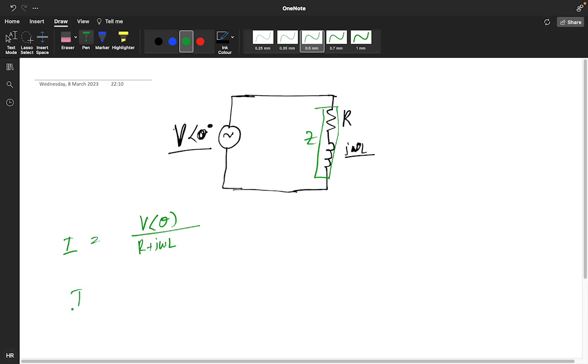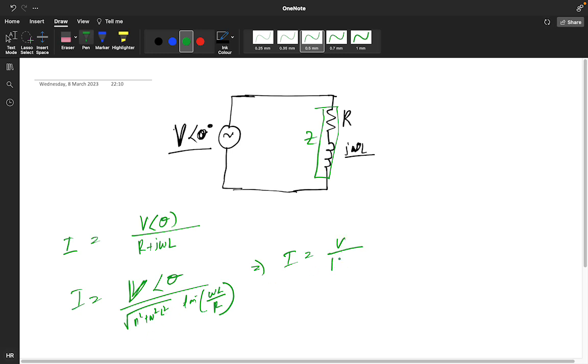If you want to write this in phasor form, we have V at an angle theta, and R plus j omega L can be written as root of R square plus omega square L square, at angle tan inverse omega L by R. So this I is V by mod Z. Why mod Z?